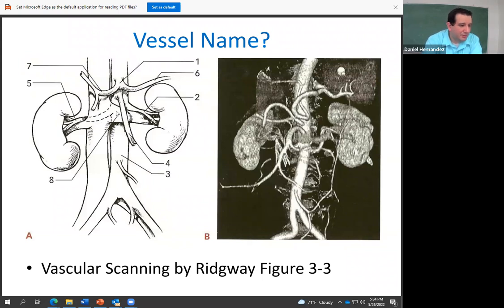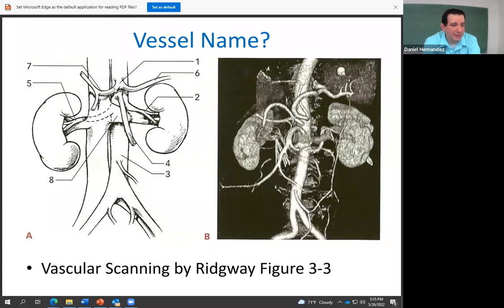Number eight now. So this one is actually coming off of our inferior vena cava, going out to the left kidney. This is going to be left renal vein. Number five shows a vessel coming off the aorta laterally, coursing posterior to that IVC, going out to the right kidney, right renal vein.